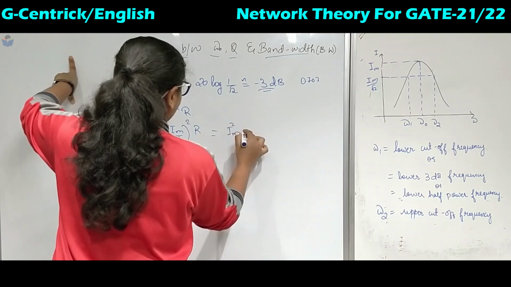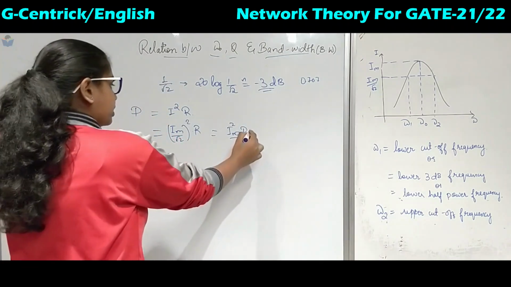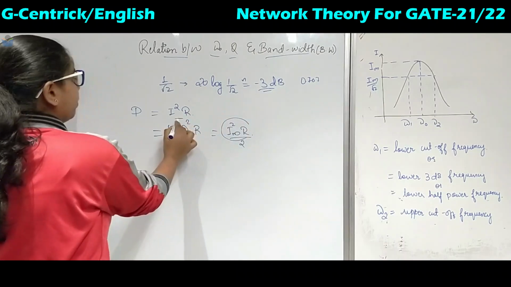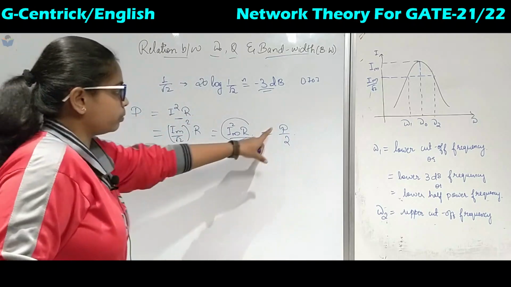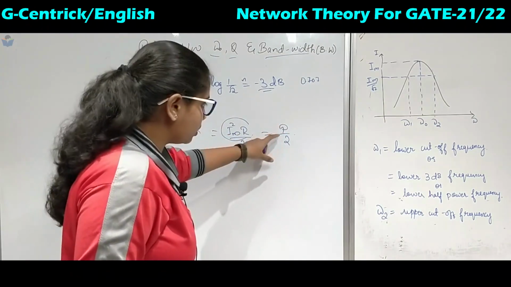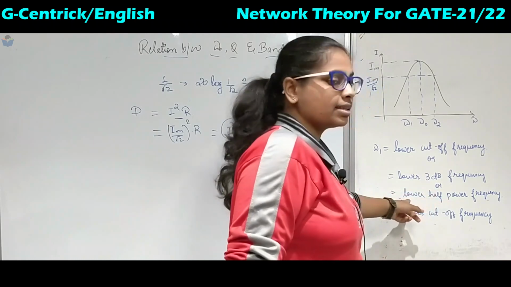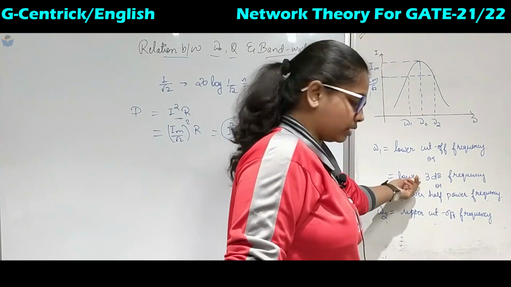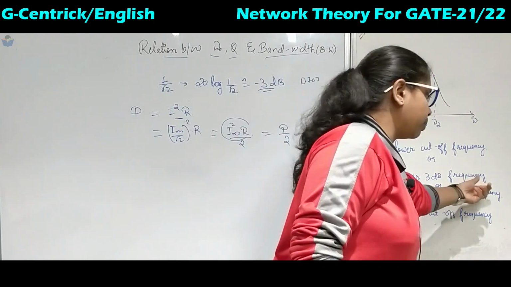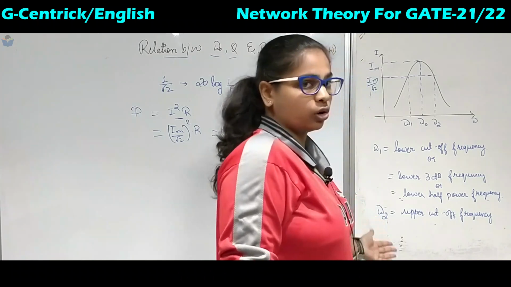Im square R by 2, right? This Im square R is nothing but power, so this is nothing but P by 2. Because the power is becoming half, we call it the half power frequency. It is happening at omega 1, which is at the lower frequency, so we call it the lower half power frequency. The same thing will happen with omega 2 also.